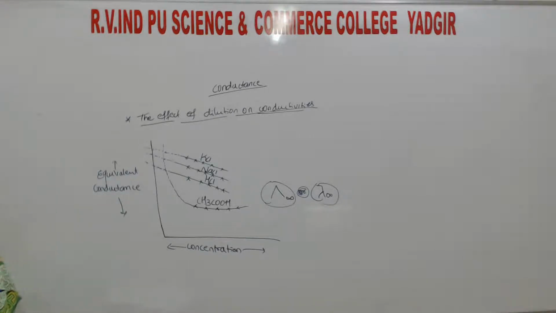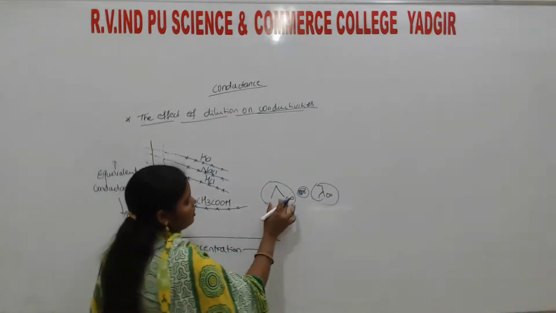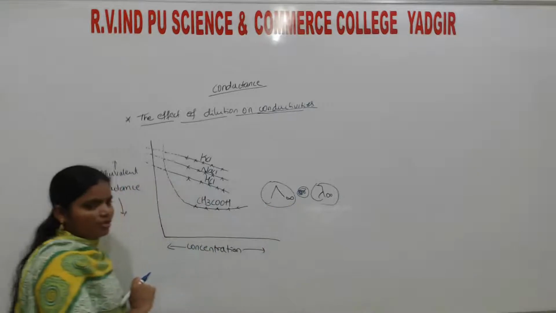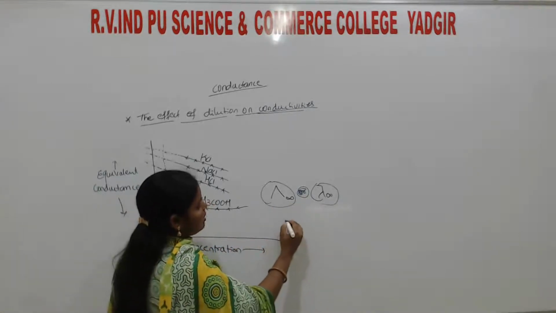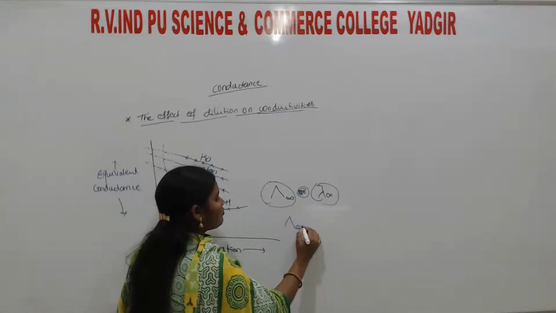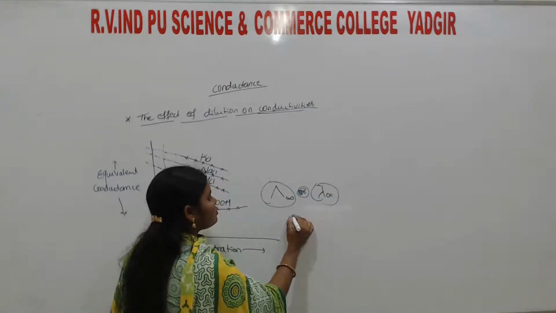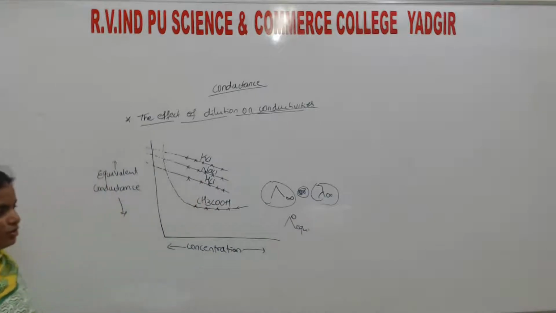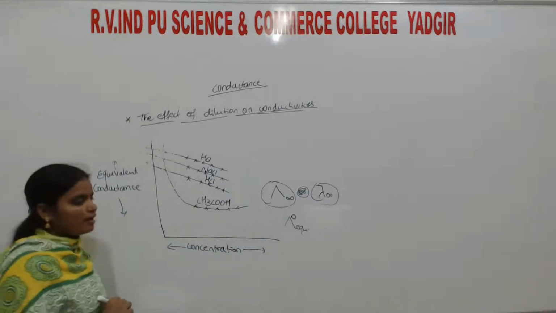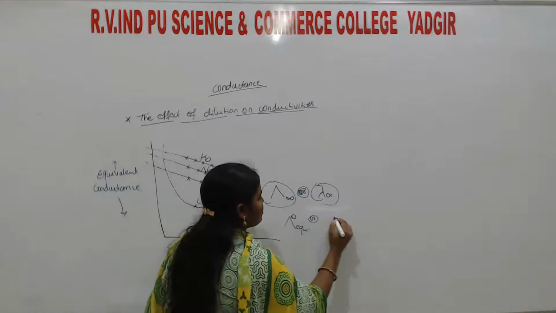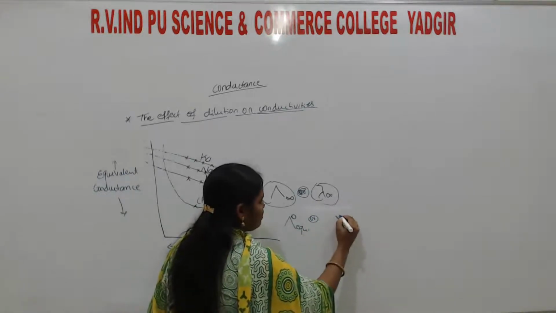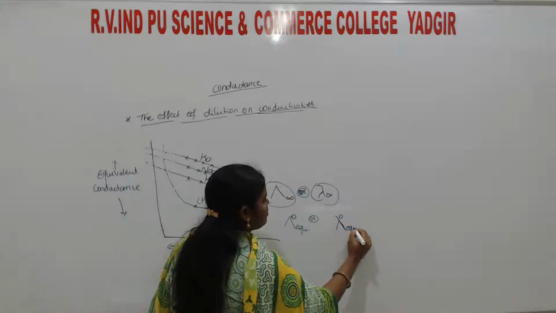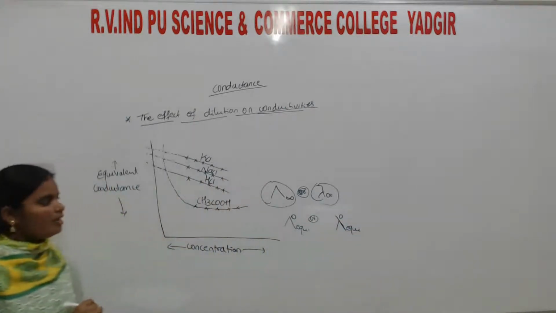The equivalent conductance at zero concentration is denoted by lambda zero. For zero concentration, the equivalent conductance is denoted as lambda 0.